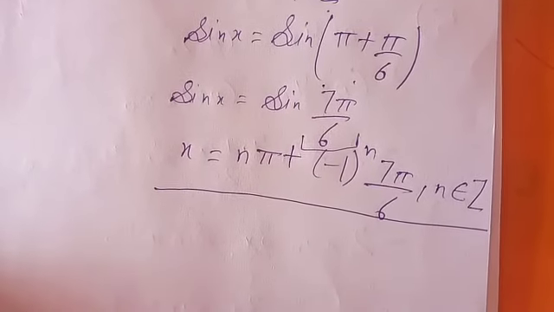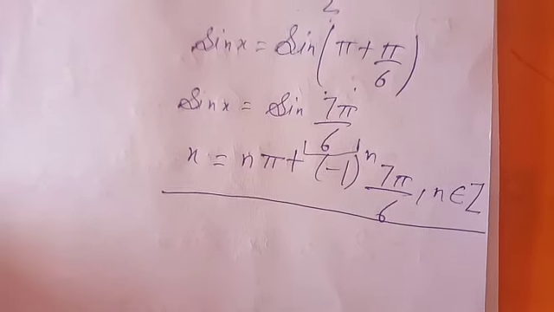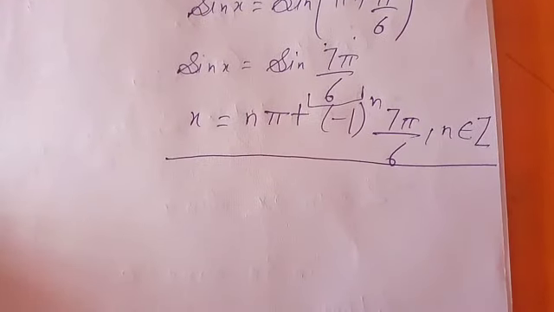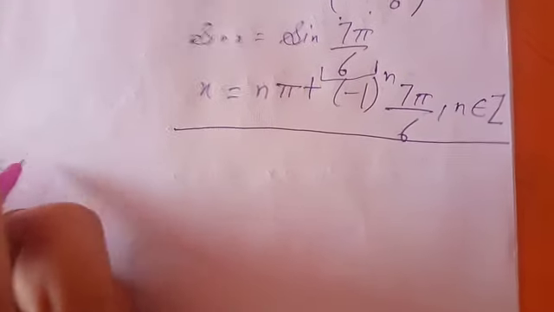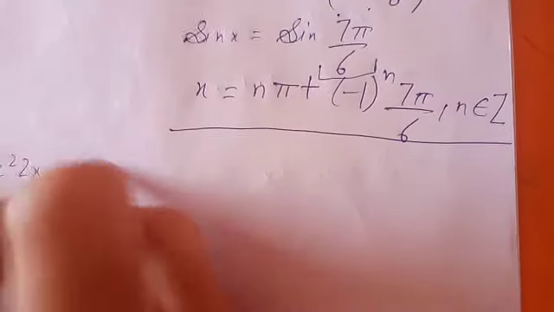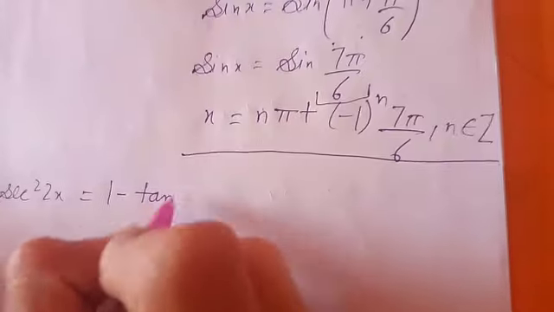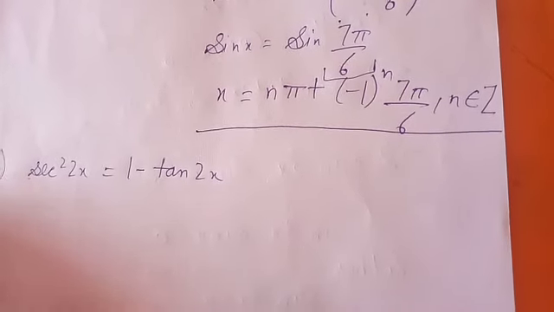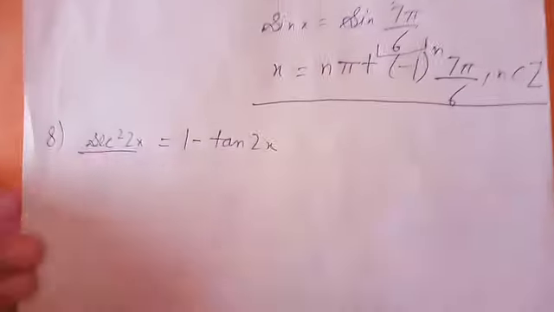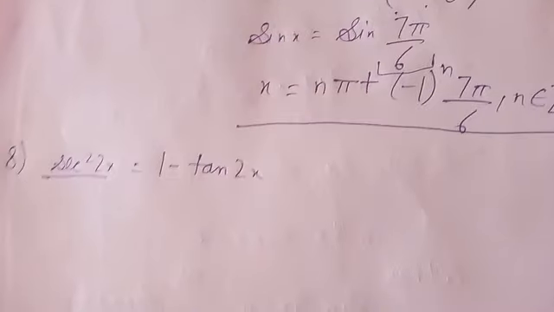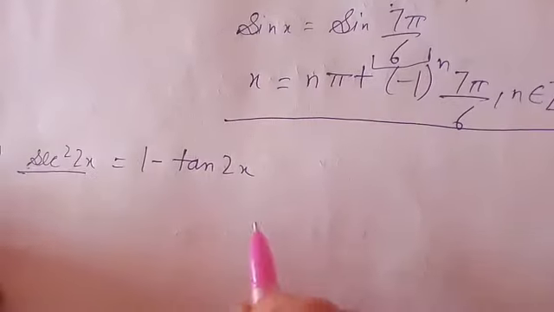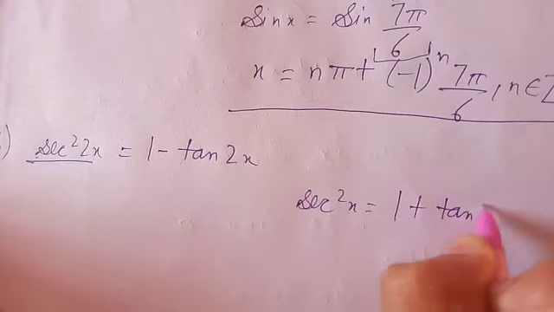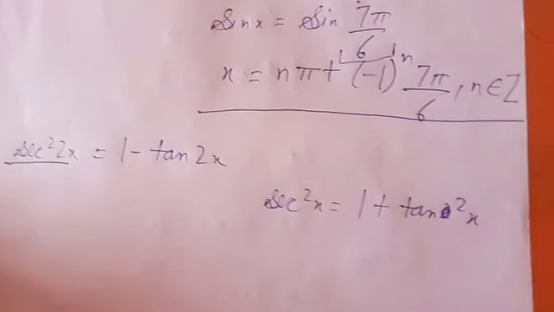Now question number 8 and 9 both are easy. First we can solve question number 8. Question number 8 is secant square 2x is equal to 1 minus tangent 2x. First of all in this question we can change secant square into tangent by using the identity that secant square x is equal to 1 plus tangent square x.